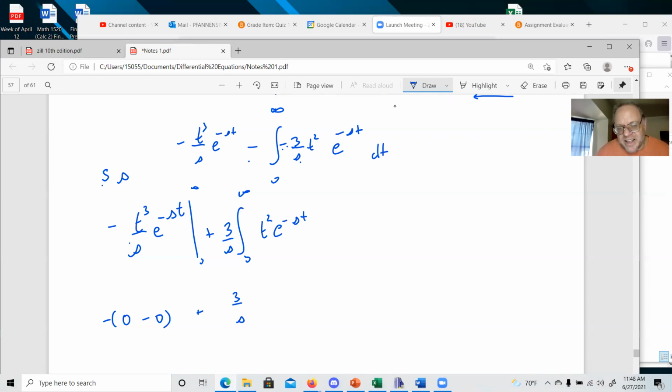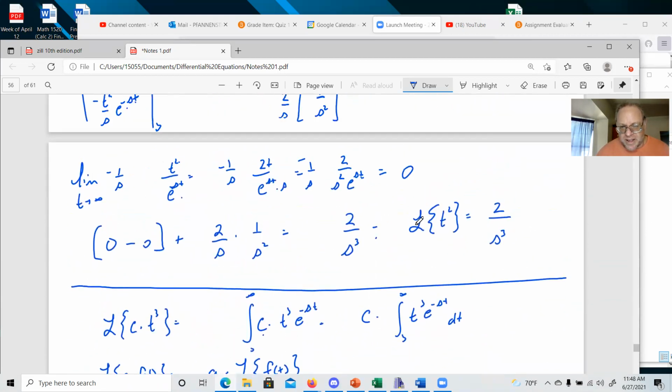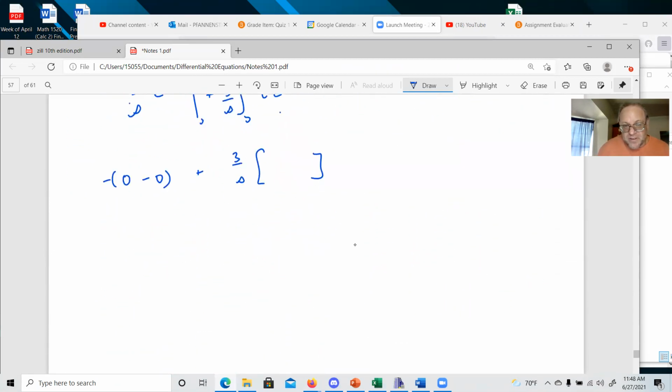What did we find the integral of t squared e to the negative st was? We have an answer for this from the previous result. This is 2 over s cubed. So this is 3 times 2 times 1 over s to the 4th.